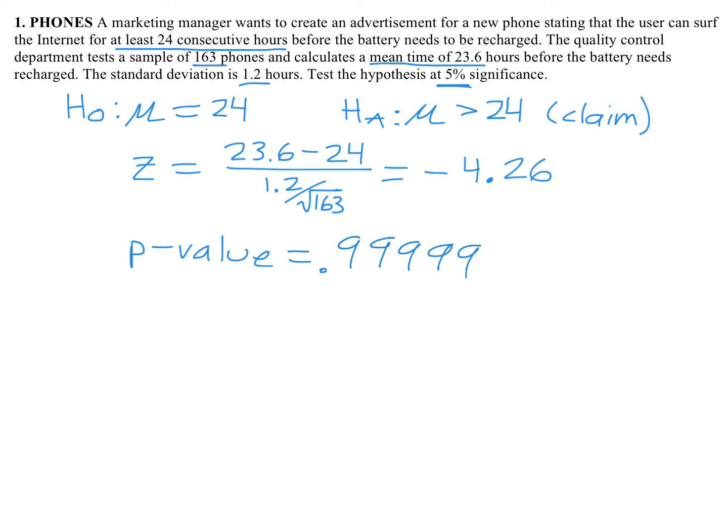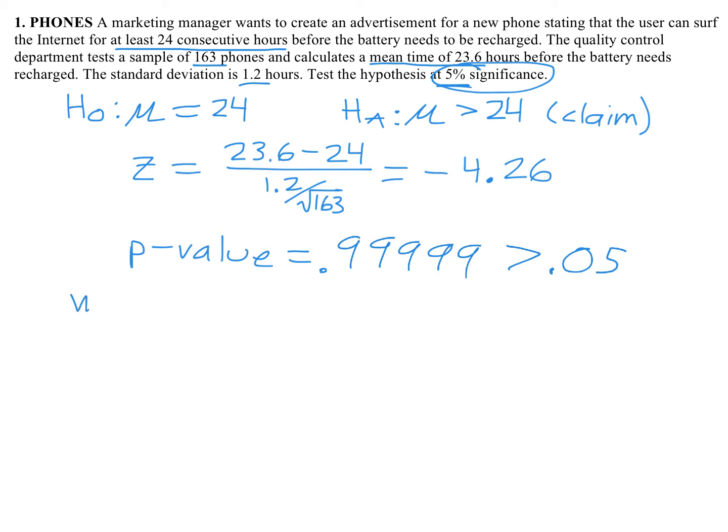So the next part, you need to compare the p-value to the significance level. So in this case, our p-value is greater than the significance level. So right here, this is greater than 0.05. I converted the 5% into a decimal. So since the p-value is greater than the significance level, whenever the p-value is large, you fail to reject.